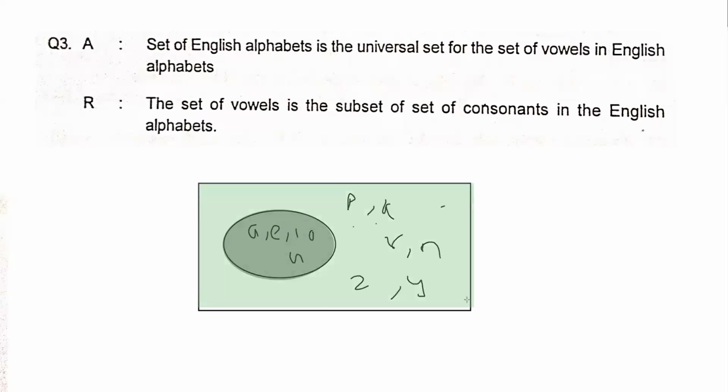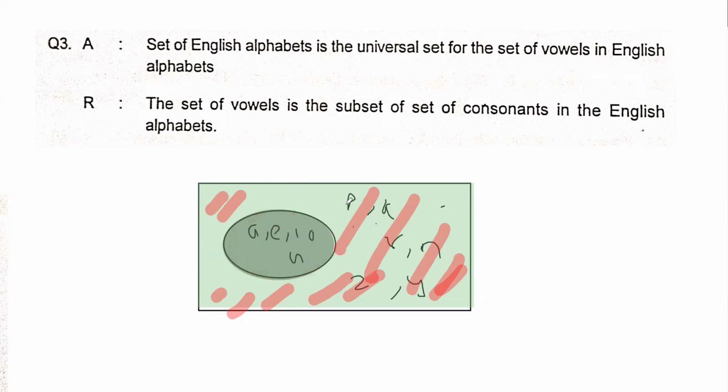That's right. Now, next they're saying the set of vowels is a subset of the set of consonants. Clearly not a subset. A subset is a part of a set. So if I talk about these consonants, they are not present here, right?